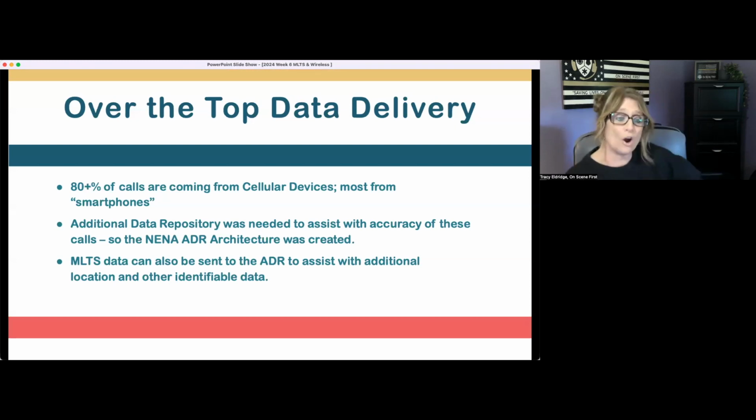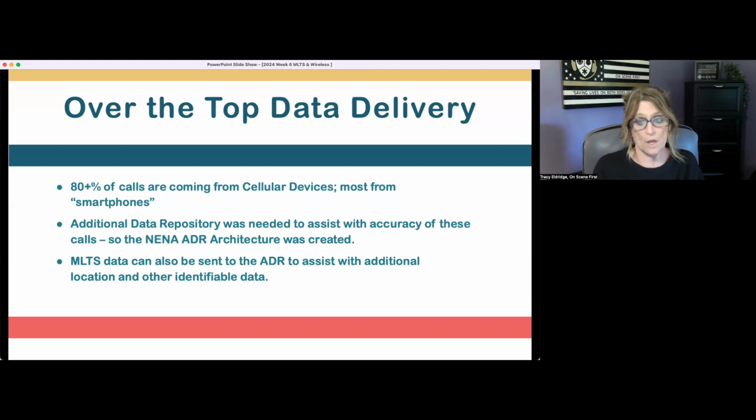An ADR, additional data repository, the architecture basically said, these are the standards that we think should be in place for any type of additional data repository that is going to hold on to data in the situation of a 911 call.